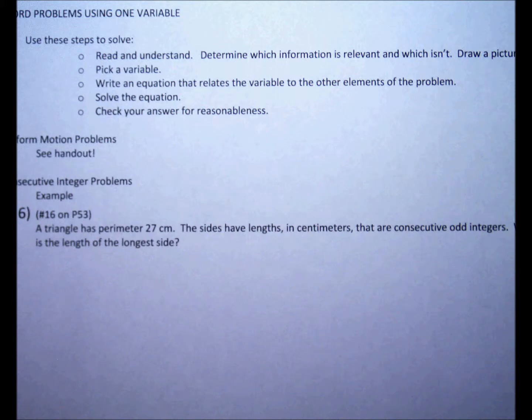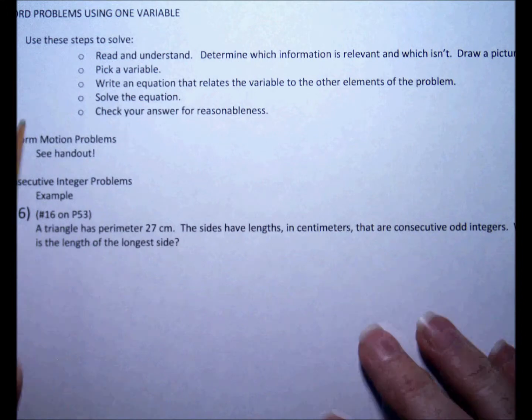Okay, so in solving word problems, and you know this from Algebra 1, the first step is to read and understand, determine which information is relevant and what's a red herring, and always consider drawing a picture. If you can, you should.